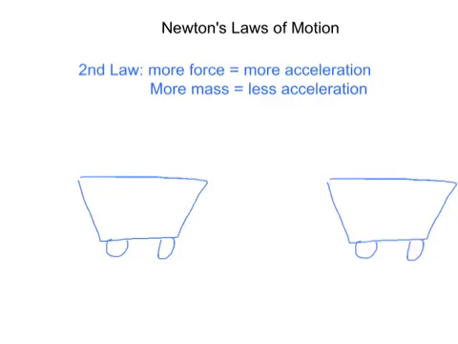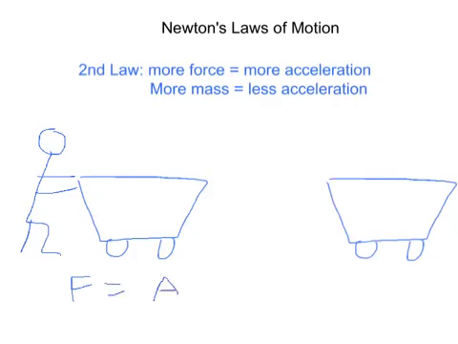Now, an example of that I always like to point out is the case of one person of normal proportions pushing a shopping cart, and then basically what happens there is we have a fairly small amount of force, so that's going to produce a fairly small amount of acceleration.